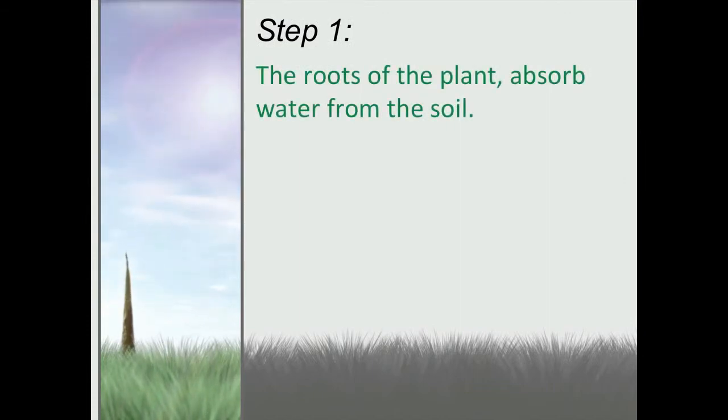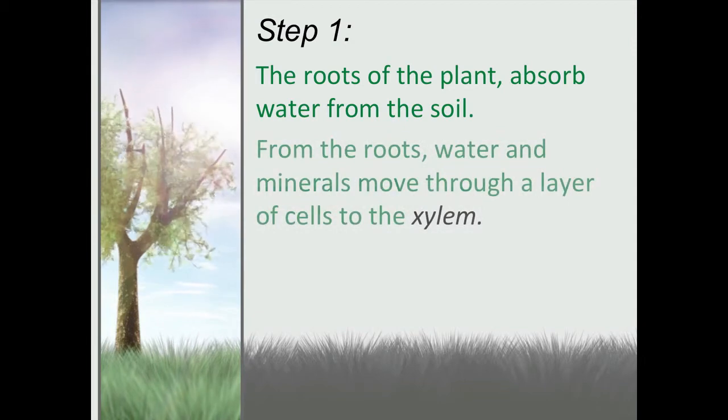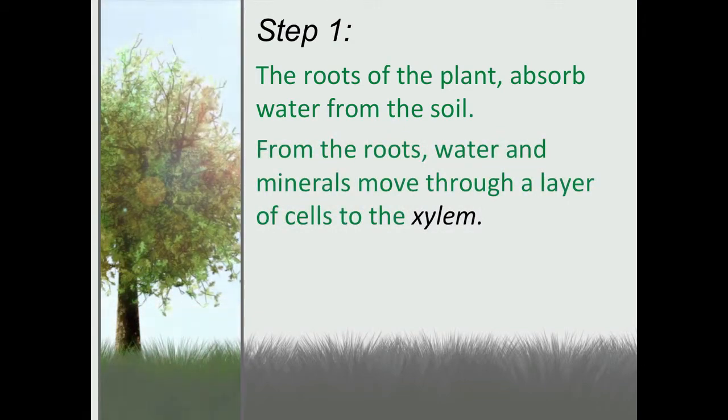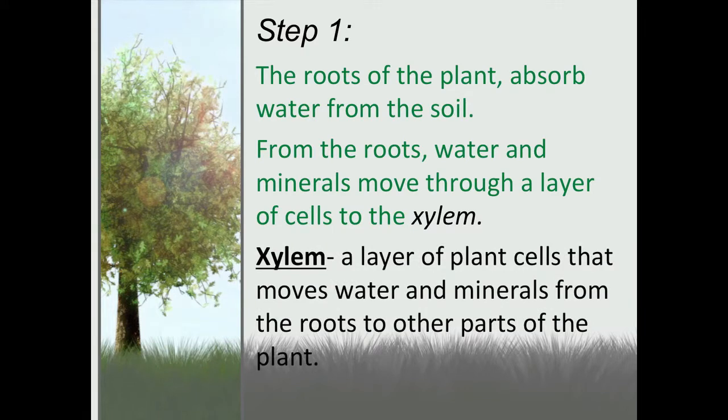Step 1. The roots of the plant absorb water from the soil. Real simple. From the roots, water and minerals move through a layer of cells to the xylem. Now it's going to seem like it's getting more complex, but it's not. Xylem is just another word for the small tubes or vessels that transport water throughout the plant.